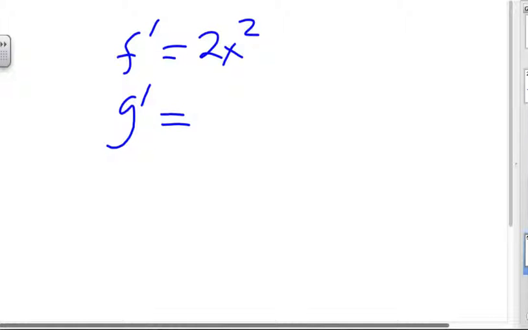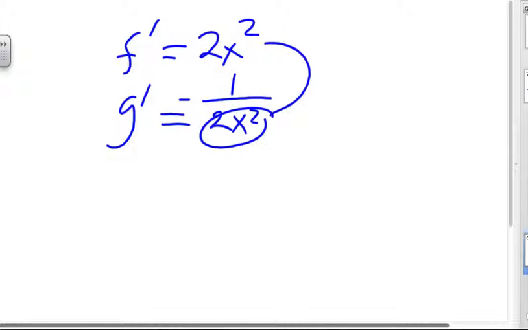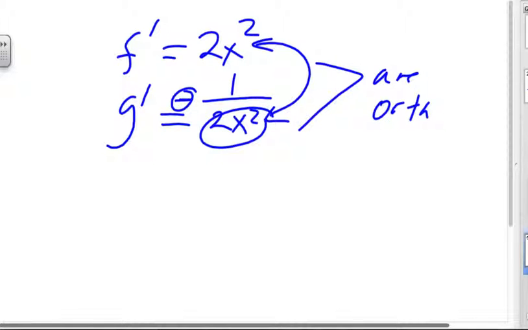G prime we found out was negative 1 over 2x squared. Now what you notice is that these are reciprocals of each other. They've got opposite signs. That means these are orthogonal, and they're orthogonal for all values of x.